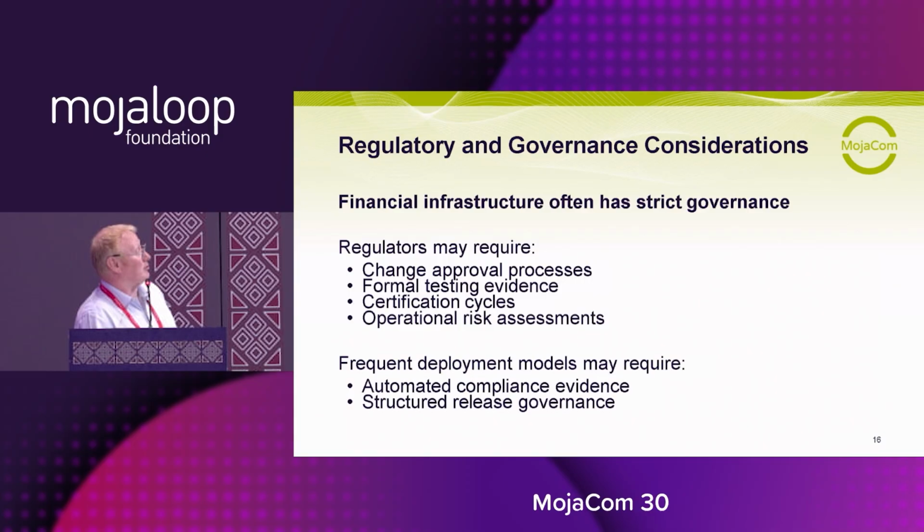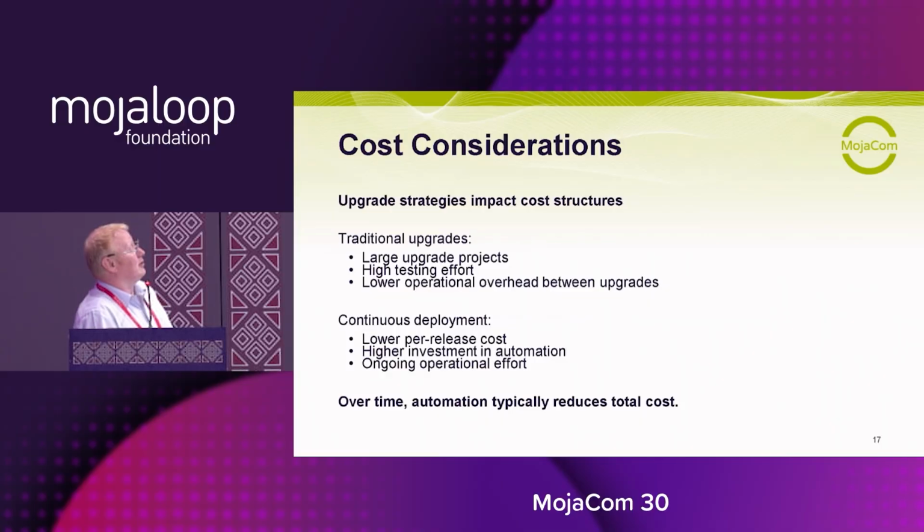So it's important to have good conversations with your regulators. We're hoping that the world will shift to a point where regulators are less concerned with managing risk per upgrade and more concerned with certification of an organization's ability to manage those risks through a continuous deployment lifecycle. Time will tell there.